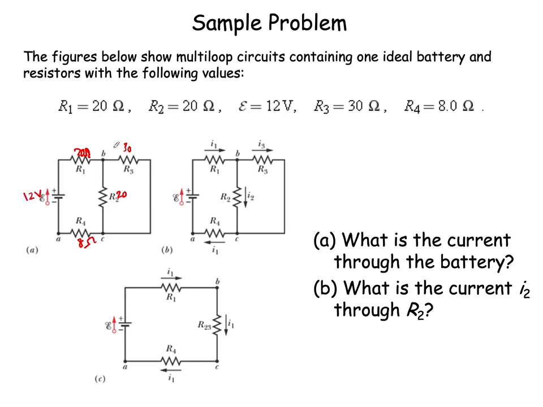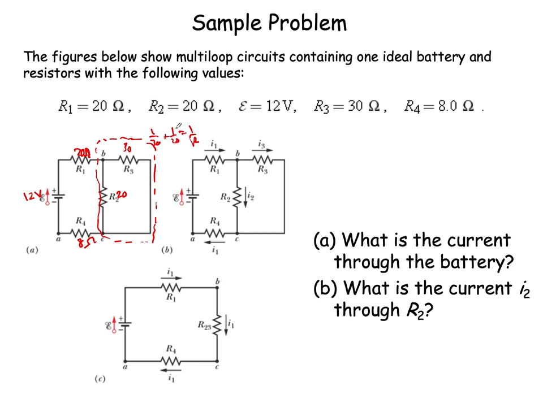So first of all, we have to figure out the total resistance of the circuit. I don't know if you can see it right now, but these two resistors are in parallel with each other. And so we end up with 1 over 30 plus 1 over 20 equals 1 over R. Common denominator, 60.